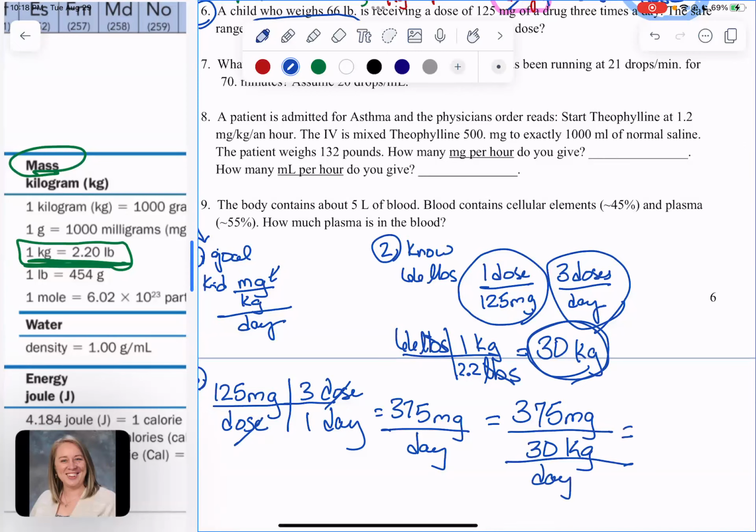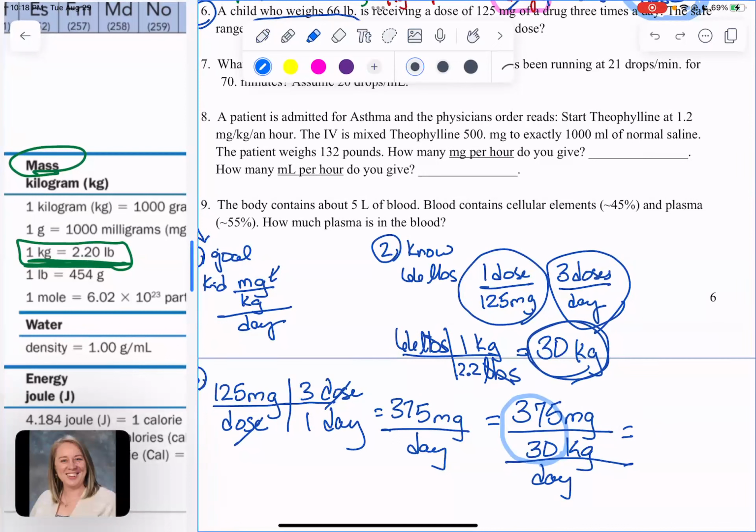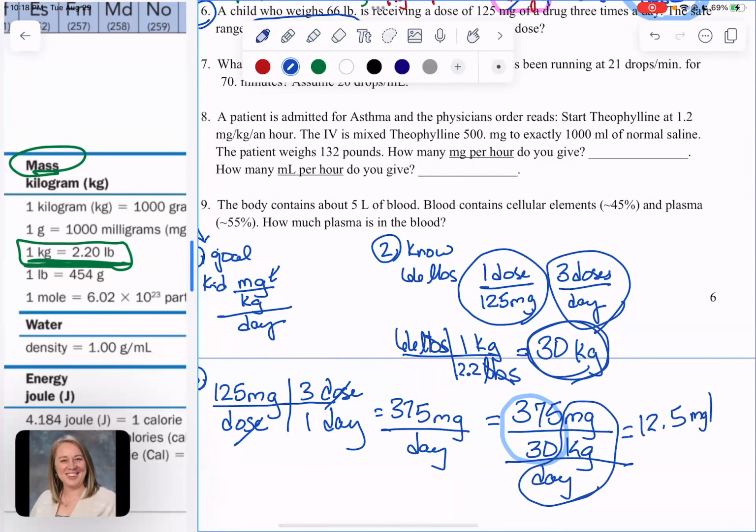So now all you have to do is simplify this top portion here. So 375 divided by 30, we get 12.5, and then just keep all of these units, milligrams per kilogram per day.